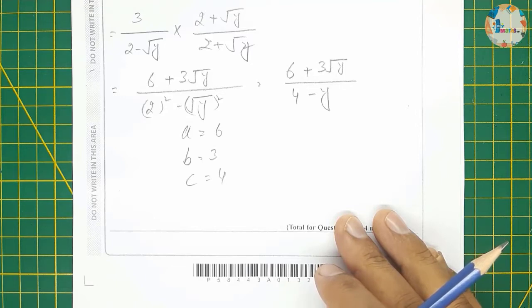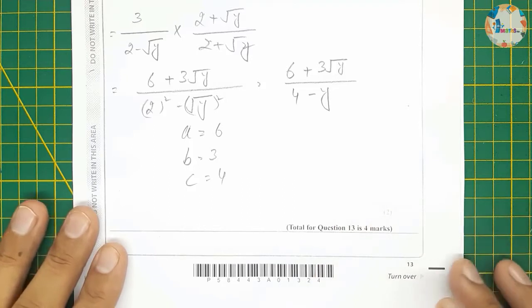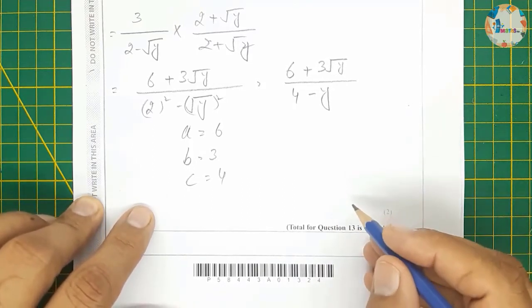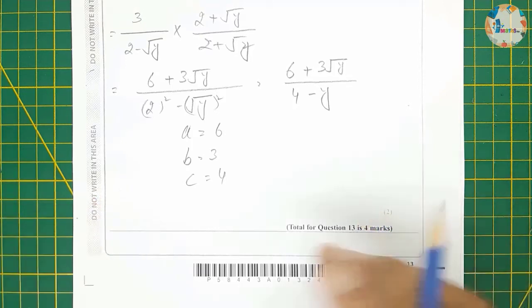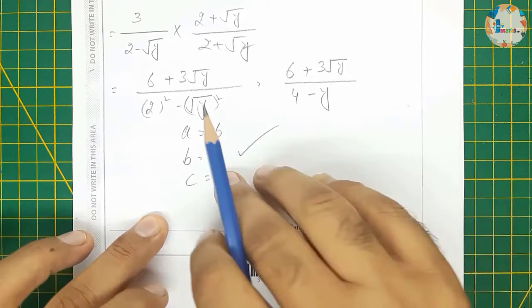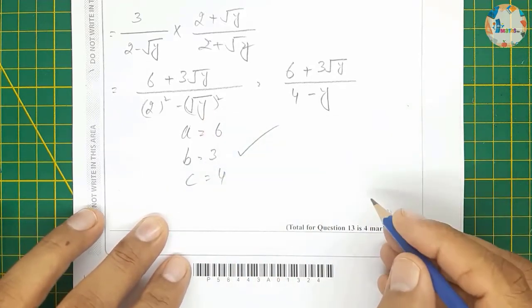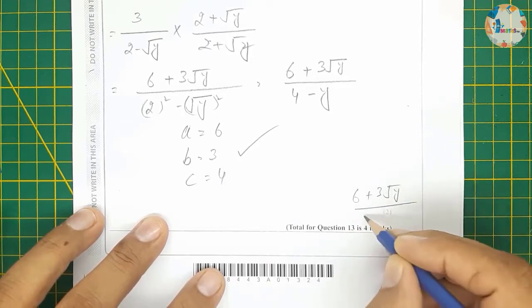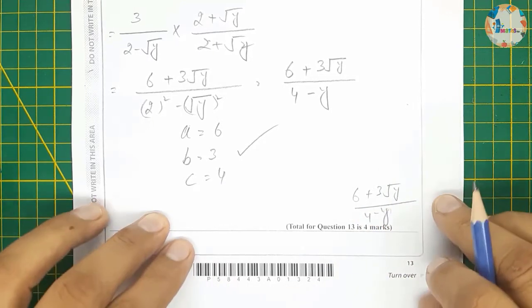Basically the a, b, c values are required, which we have already shown. So this is our final answer. Hopefully you understood this. We can write 6 plus 3 under root y over 4 minus y as our answer also.